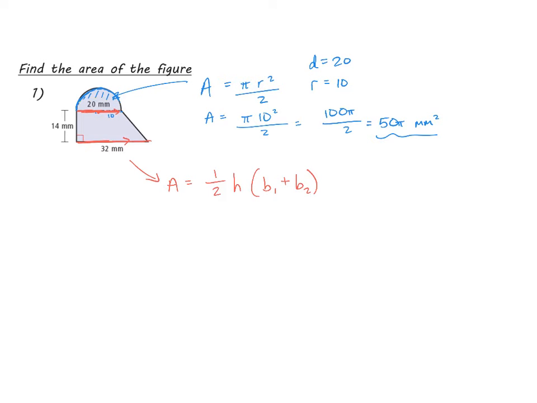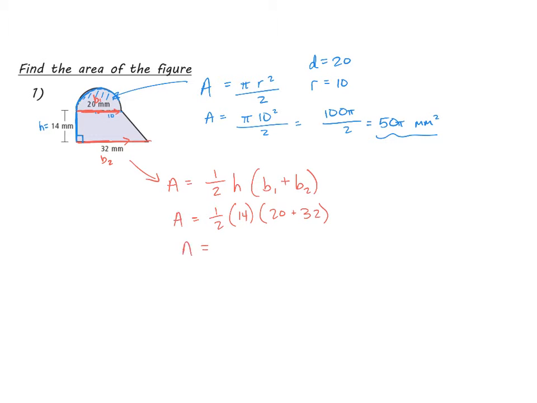So base 1 will be 20 and base 2 will be 32. That means this guy that runs perpendicular to those must be the height, because the height is always perpendicular to your bases. So let's plug in all the stuff that we know now. We know that the height is 14, and that base 1 is 20, and that base 2 is 32.